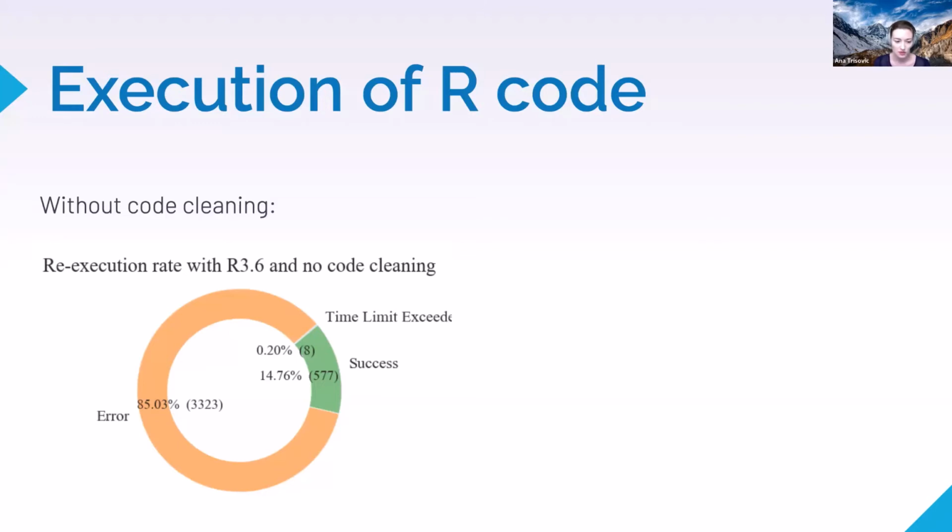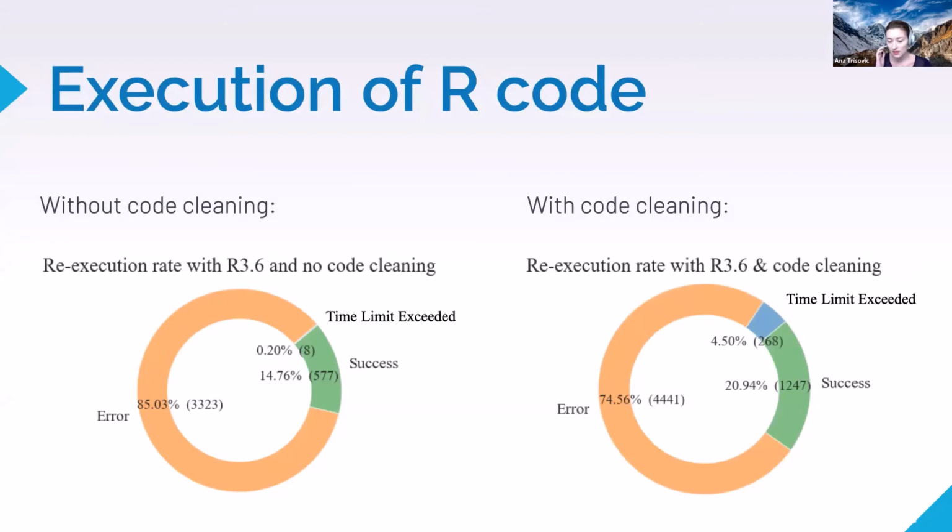So then we decided to implement some code cleaning and see, can we improve these results? Why do so many files crash so fast? Can we improve this? And voila, something happens. We have an improvement of around 10% of the cases.